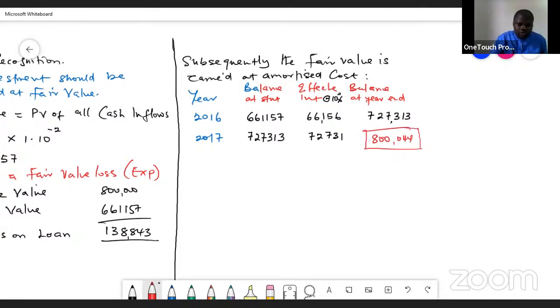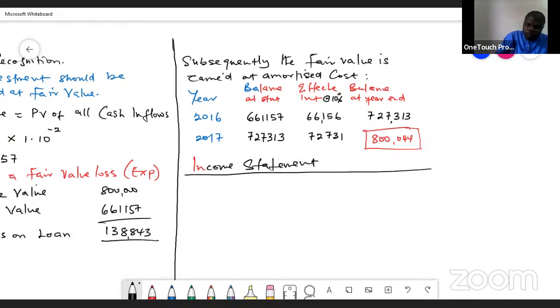So that is all. So income statement, 2016, 2017 P&L: loss on loan is 138,843. Then you bring interest income.